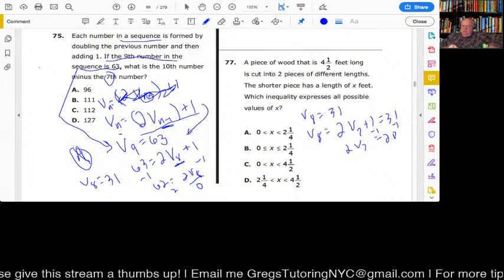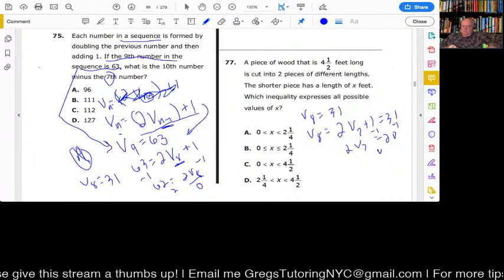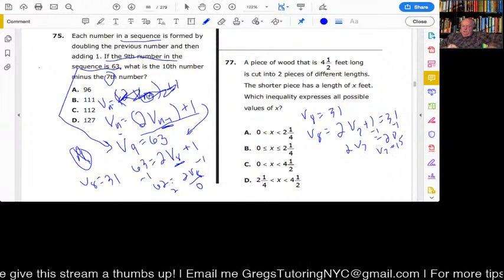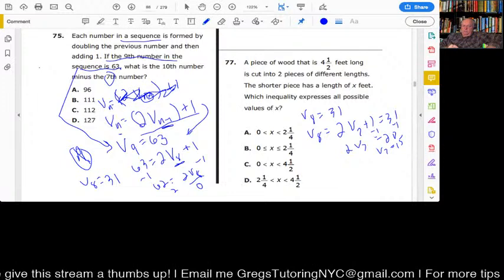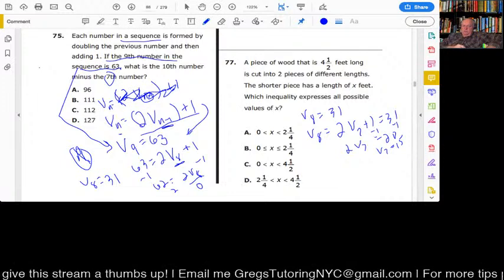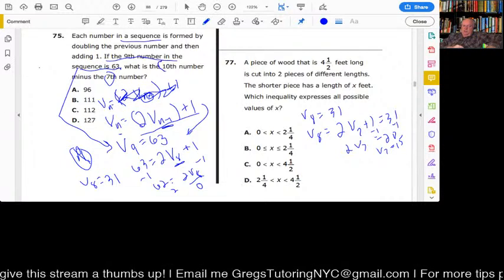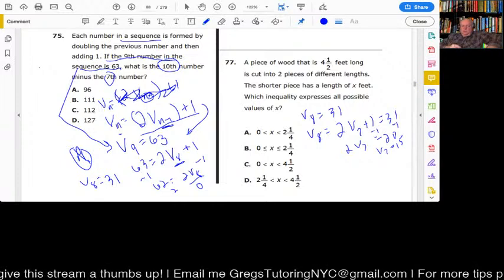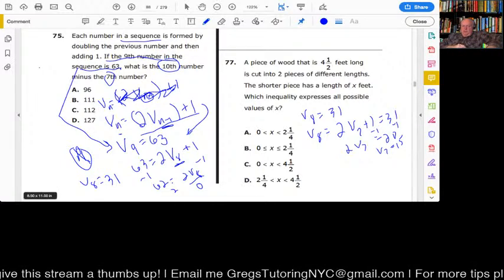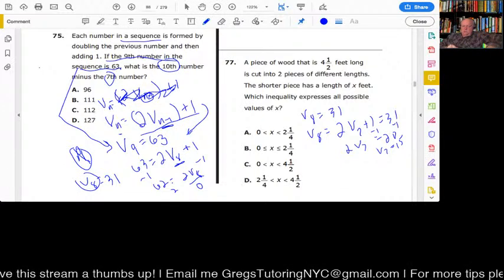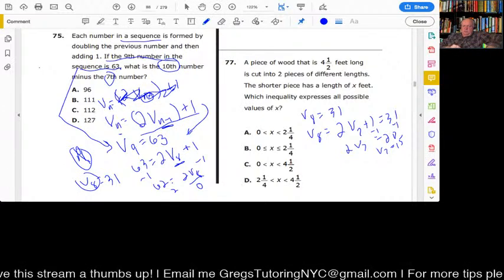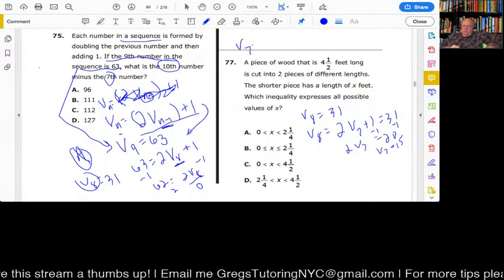And therefore V7 is equal to 15. All right? Because that's what we're looking for, the 7th number and the 10th number. So we only solved V8 in order to give us V7. So now we have V7 is equal to 15.